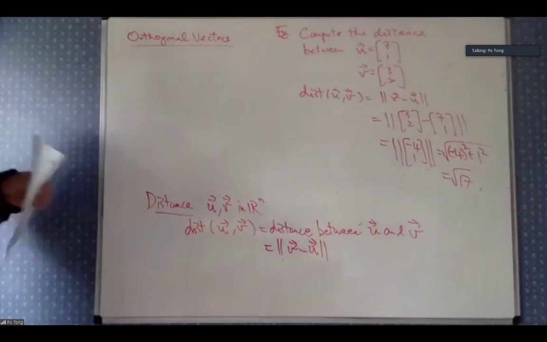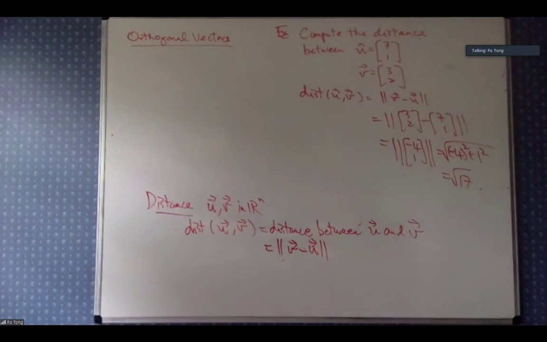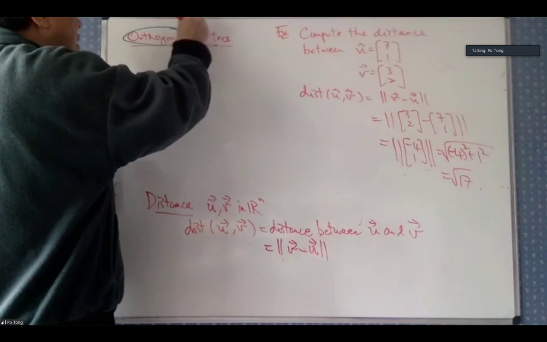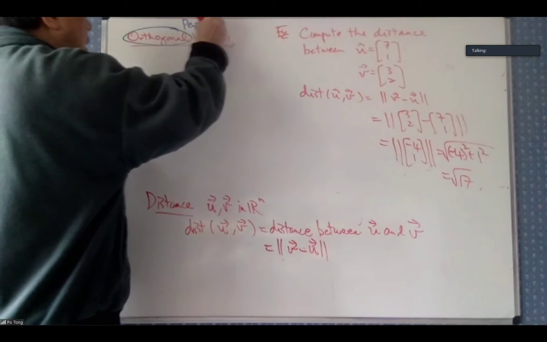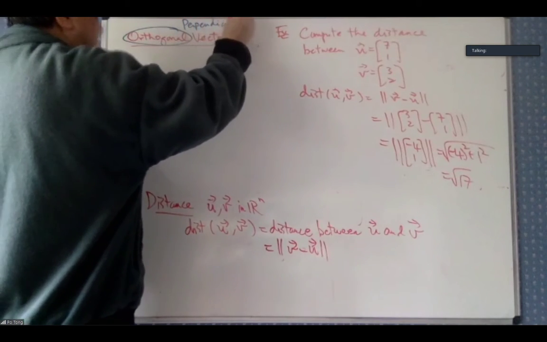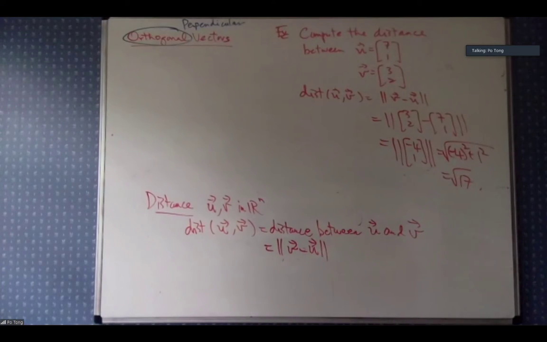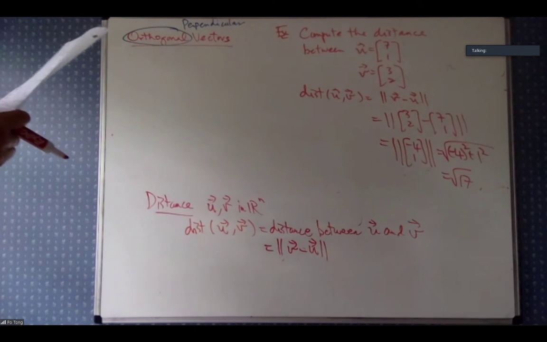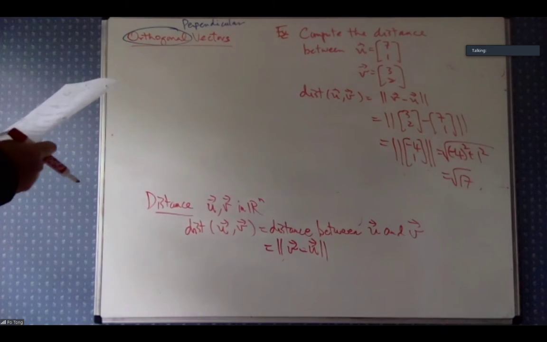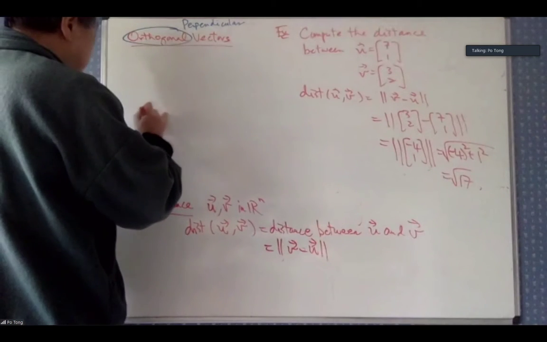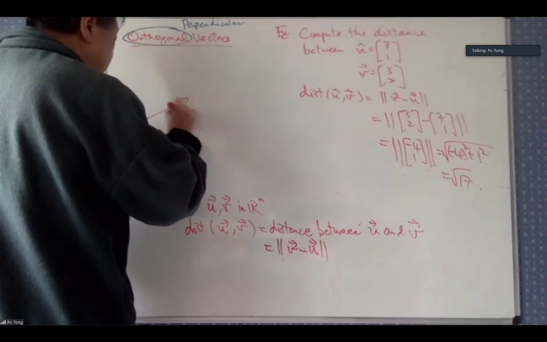Orthogonal vectors. What does orthogonal mean? This just means perpendicular. It's just a mathematical term for perpendicular. So what's the condition? If you have two vectors which are perpendicular, it looks like this.